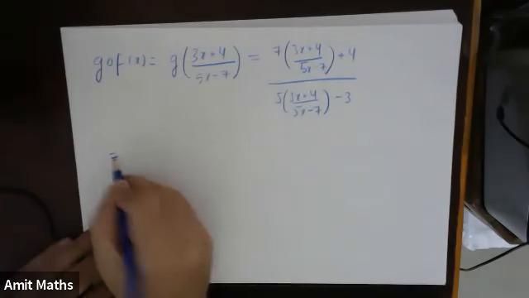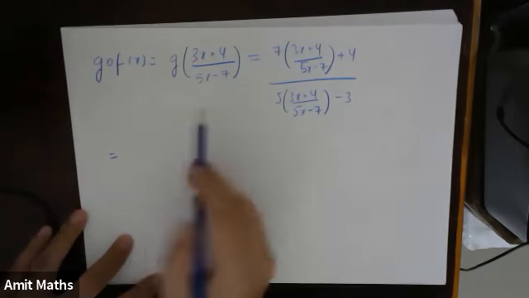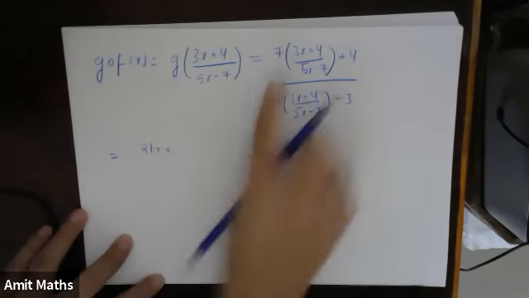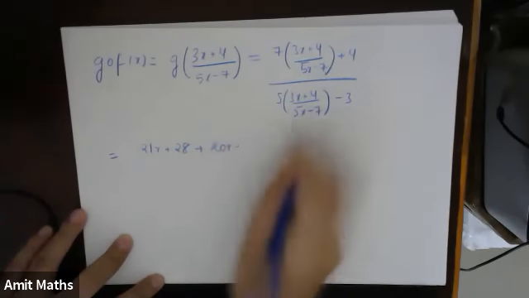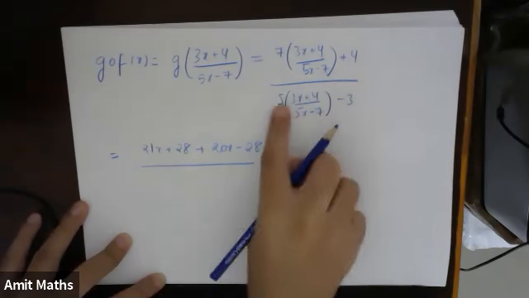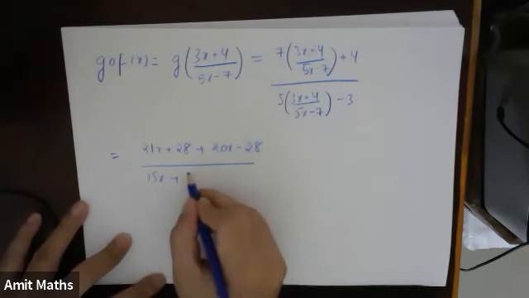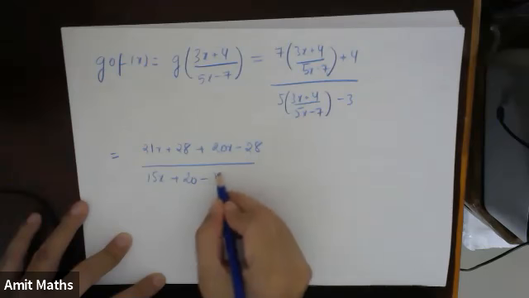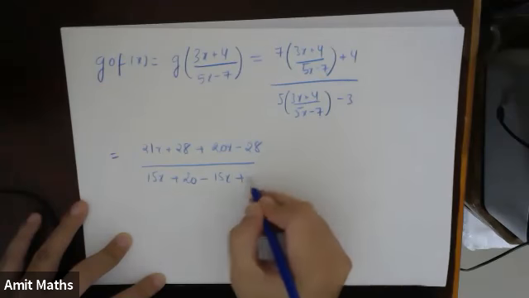If I solve this, 7 3s are 21, so 21x plus 28, plus 4 5s are 20x minus 4 7s are 28, upon, this is 5x minus 7, so 5 3s are 15x plus 5 4s are 20 minus 5, 5 3s are 15x plus 4 7 3s are 21.